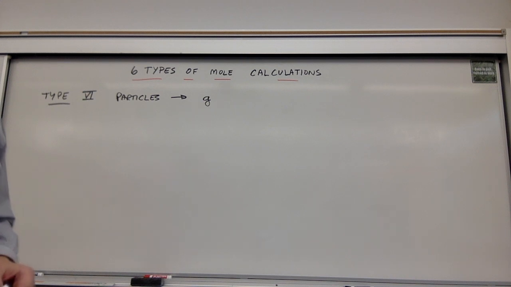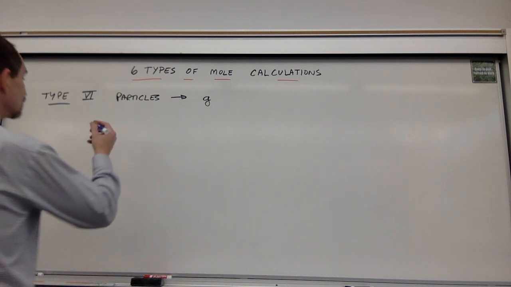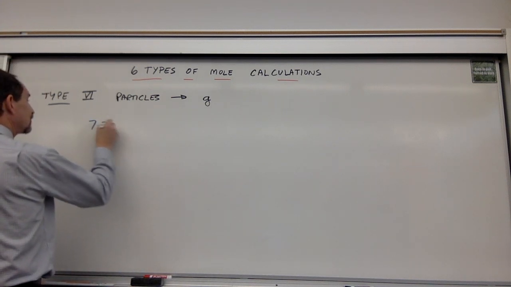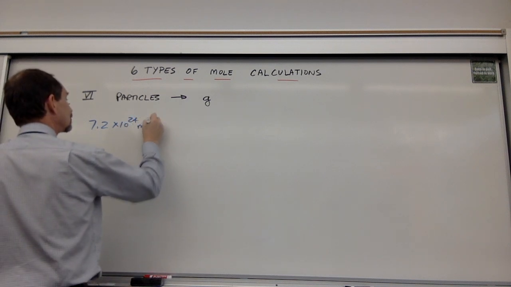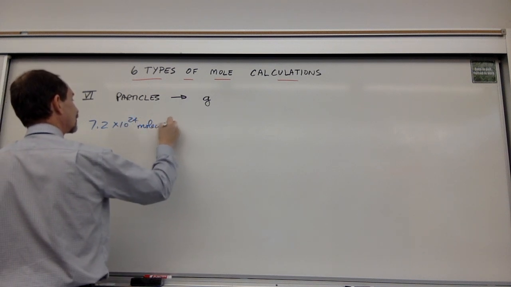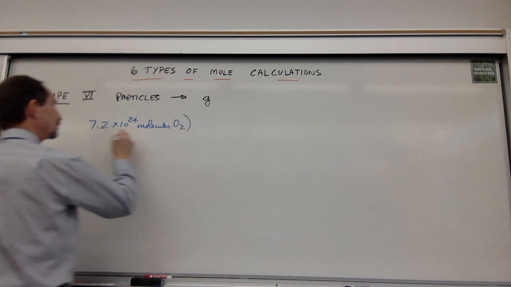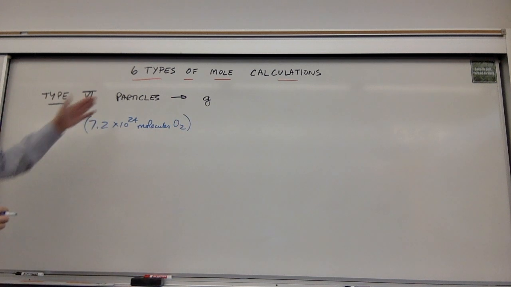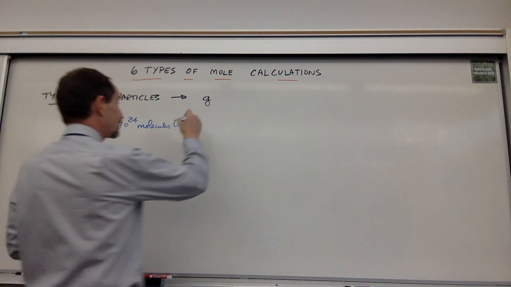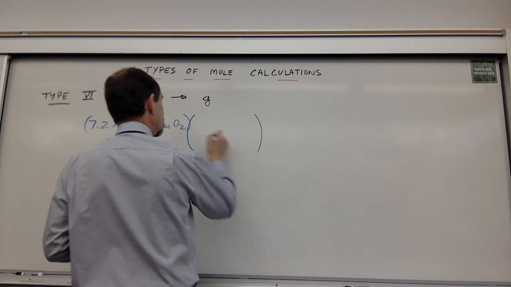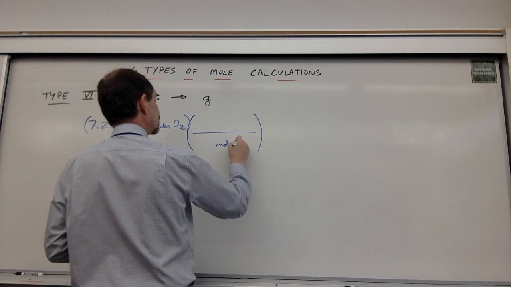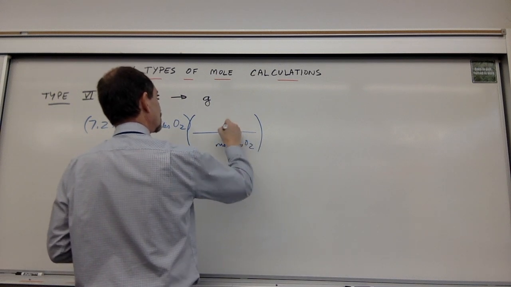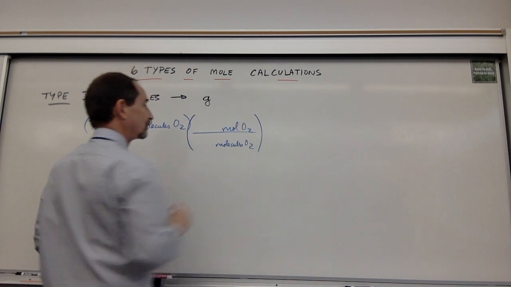So in this example, I'm going to do 7.2 times 10 to the 24th molecules of oxygen. Molecules of O2. And I want to take this to mass. Well, my first step must be take it to moles. So I'm going to go from molecules of O2 to moles of O2.